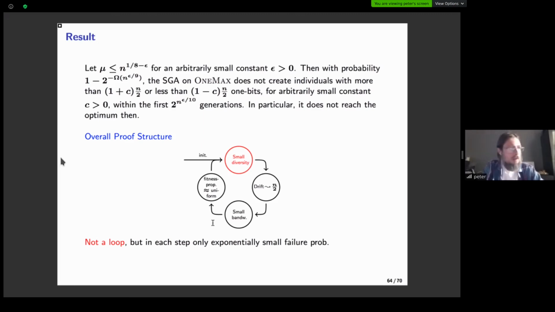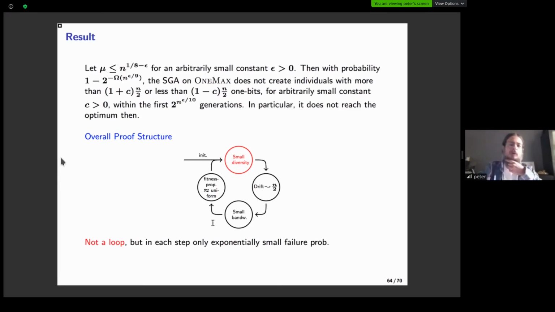So what happens is once we do have bits that are converged, mutation can recreate diversity by flipping them back. So if we've got all individuals with a 0 in the first bit, mutation can create a 1 bit in that position in some new offspring, but it does that slowly, and we still show that the bandwidth remains small and the diversity remains small.